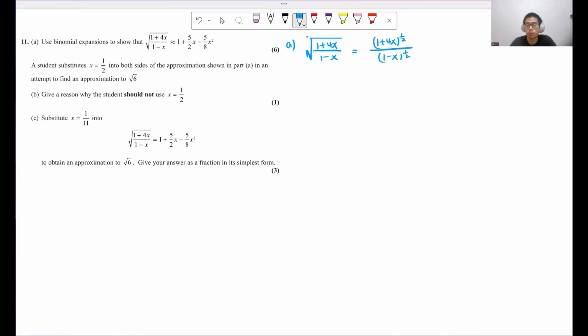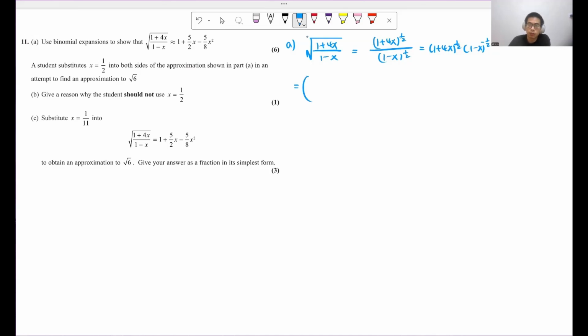So both of them will be to the power 1/2. And then that will be the same as (1 plus 4x) to the power half times (1 minus x) to the power negative 1/2. Okay, once we change that into this form, we can use the formula to do the binomial expansion. Since both of them are 1 plus and 1 minus, we can use the formula straight away.